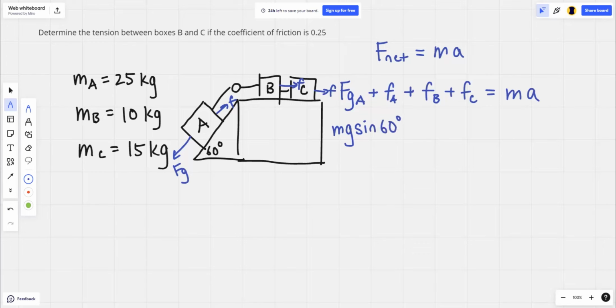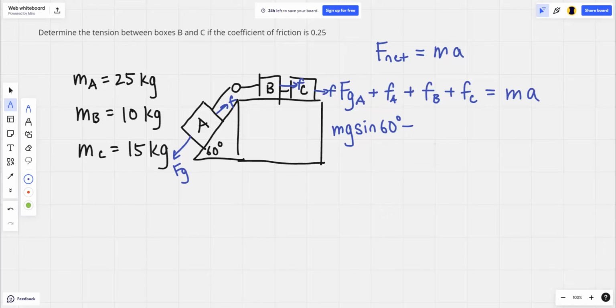And now we have to worry about the positives and the negatives. Usually in these types of problems, the direction of motion is positive. So we're assuming that it's going this way. So any force that is acting in this direction is positive, and if it's acting in the opposite direction, it's going to be negative. Okay, so Fg, that's going in the direction of motion, so it's positive. And Fa, that's in the opposite direction of motion, so it's going to be negative.